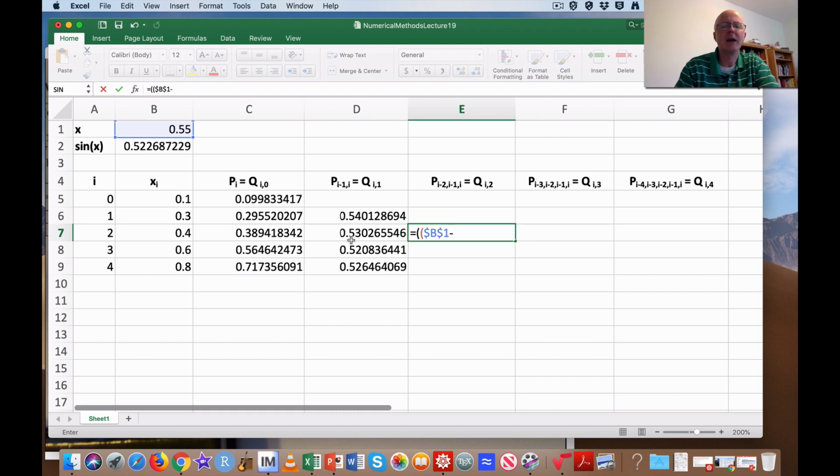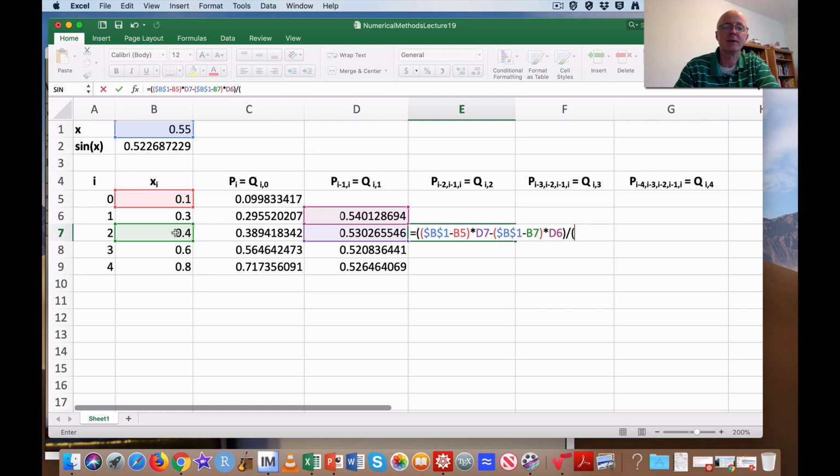B1, now I'm talking about P sub I is 2 here, 0, 1, 2. Want it to match at nodes 0, 1, and 2. The smallest such node is x0. That difference gets multiplied by this number, minus B1 minus this number times this one right here, right?